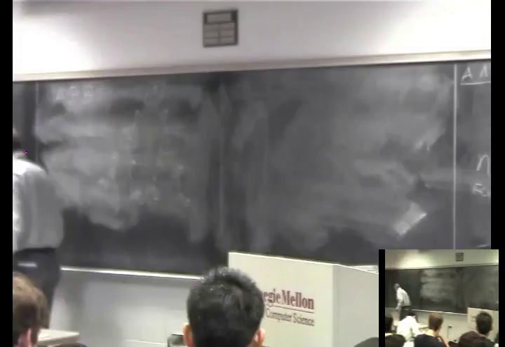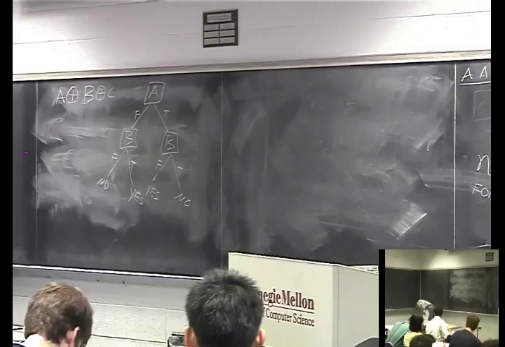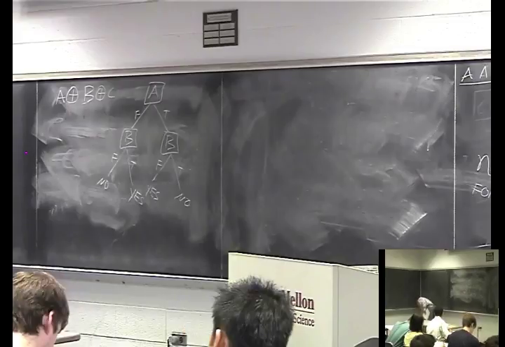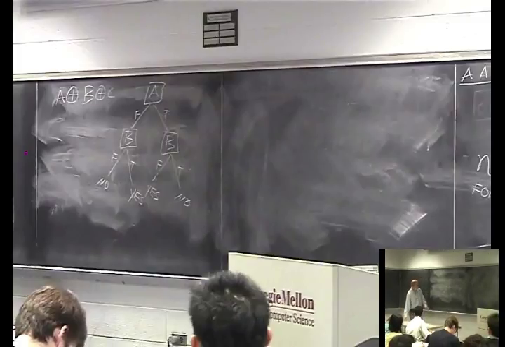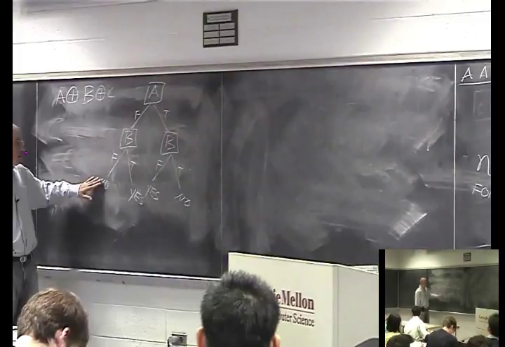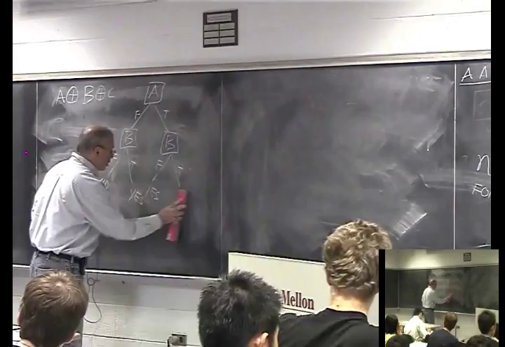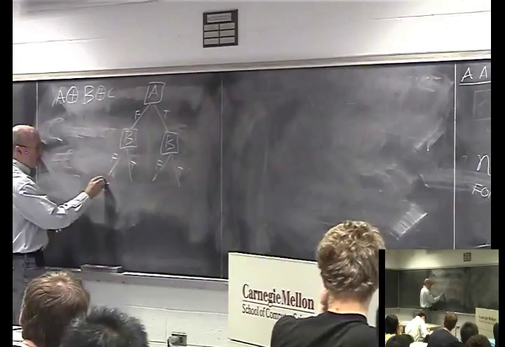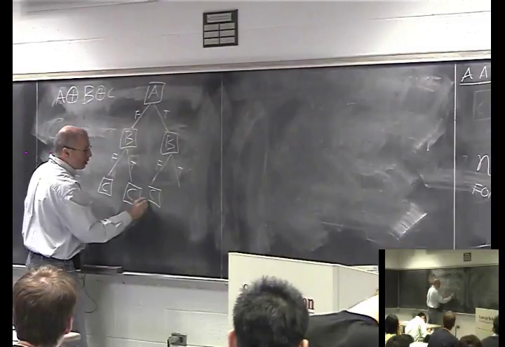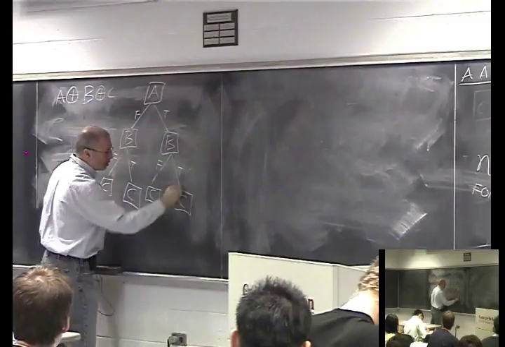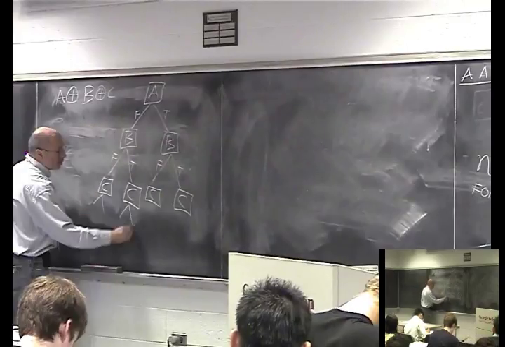Put C instead of every leaf. C here, and C here, and C here, and C here. Right? And then split all of them.